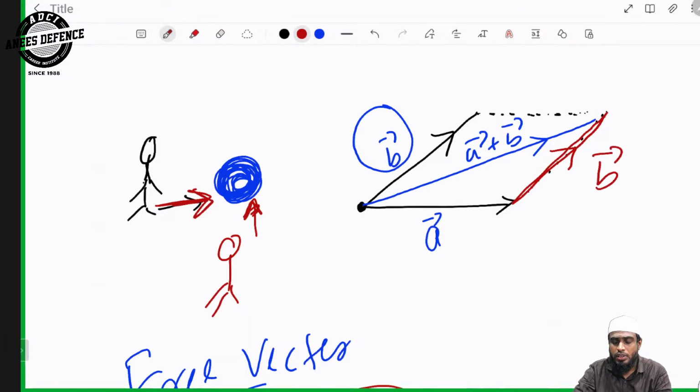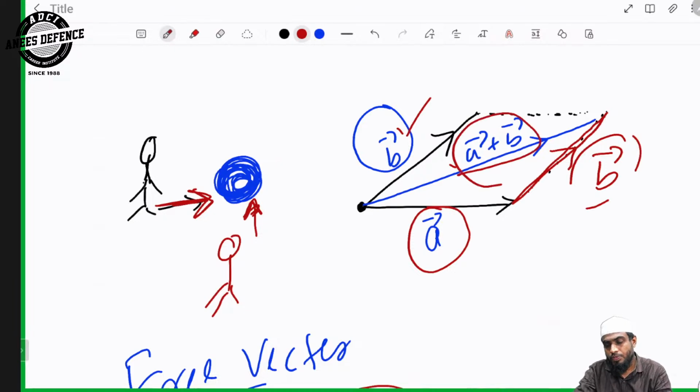We are not changing the length or magnitude of the vector, and we are not changing the direction either. Because all vectors are free vectors, you can take a vector anywhere in space. So I have shifted B from this point to this point. Now this looks like a triangle. So A and B are two sides of a triangle, so the third side will be A plus B.